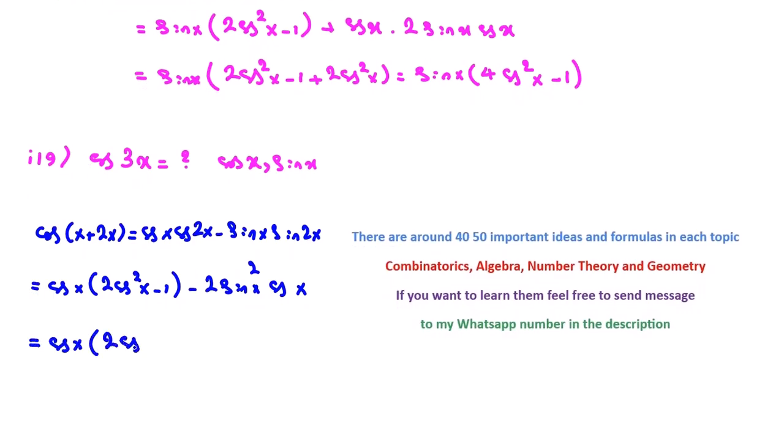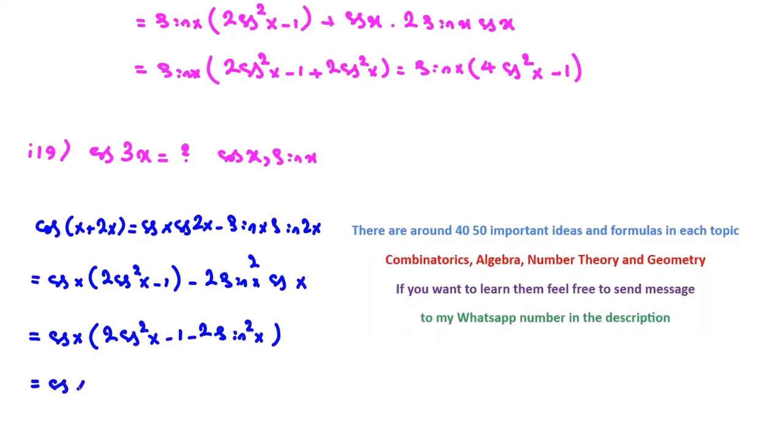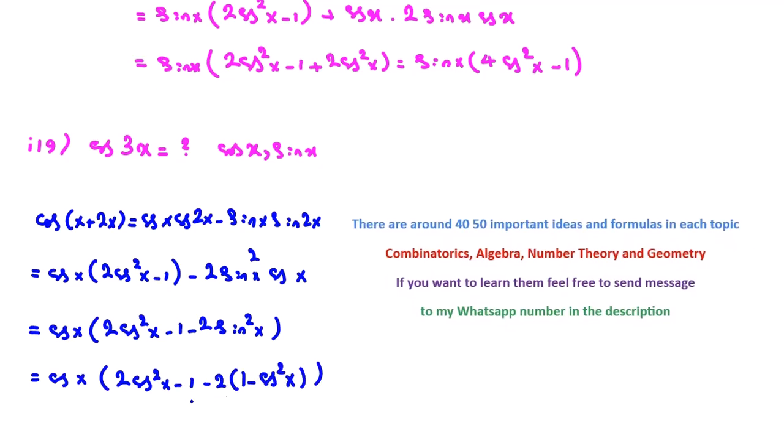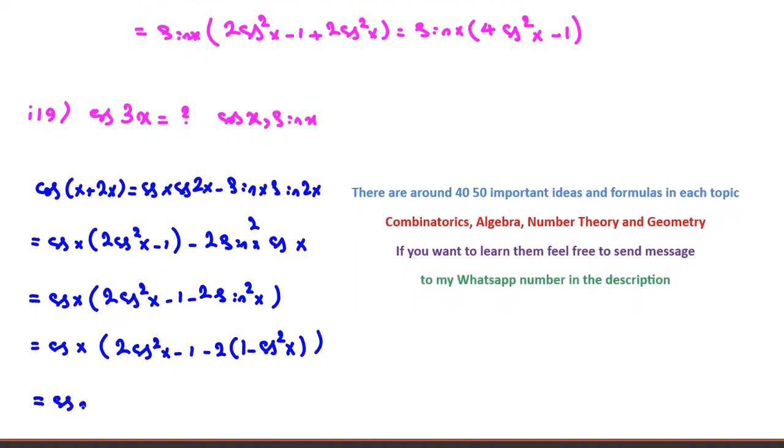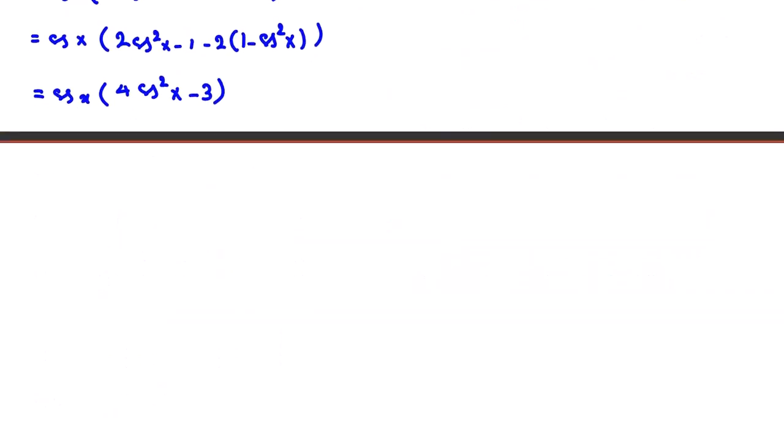It will be 2 cosine squared x minus 1 minus 2 sine squared x. So it will be what? It will be cosine x times 2 cosine squared x minus 1 minus 2 times 1 minus cosine squared x. Okay? Now, if we simplify, it will be what? Cosine x times 4 cosine squared x minus 2 minus 1, minus 3. Okay? So maybe for example, in some other problems, we need to know cosine 3x. We've calculated that.